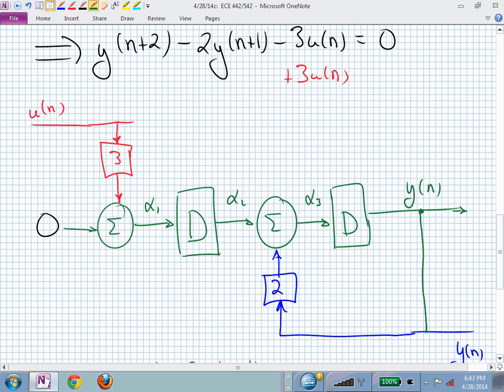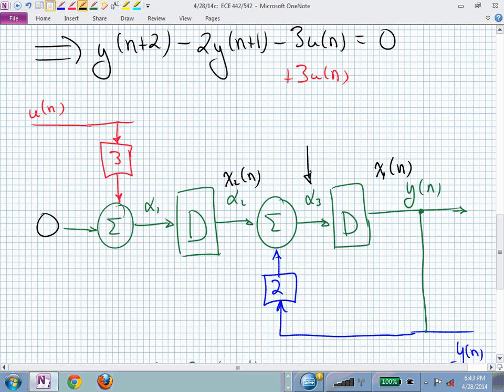Let me now call this x1 at time n, and this is now x sub 2 at time n. Where is x sub 1 at time n plus 1? That's what I need, don't I? I need some n plus 1 x's equaling something times an n x plus something times a u at the present time.